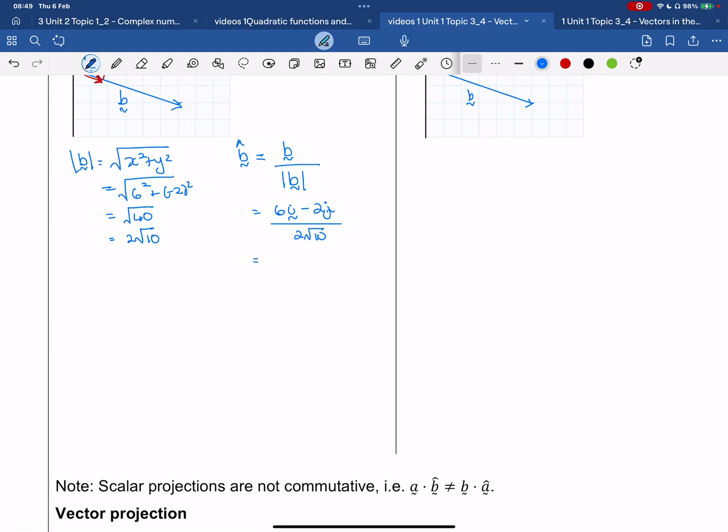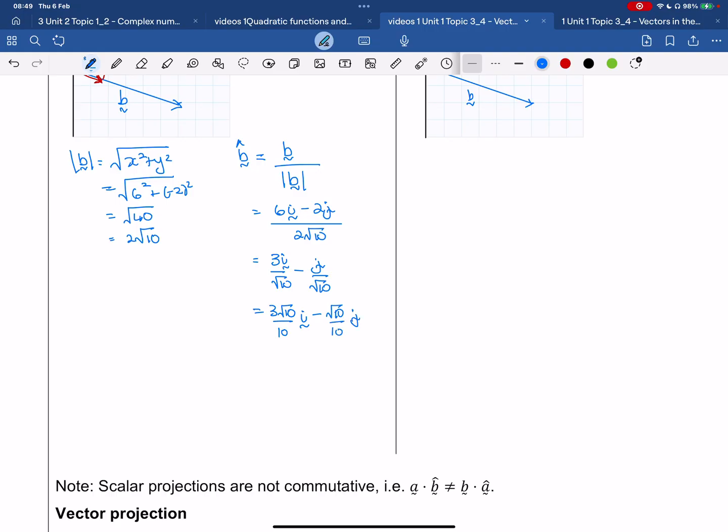And that means it's going to look like 3i over root 10 minus j over root 10. We need to rationalize those denominators. So that's going to be 3 root 10 on 10 i minus root 10 on 10 j.